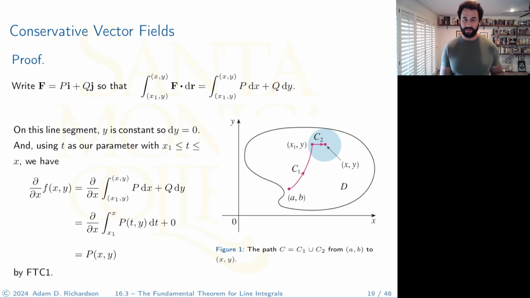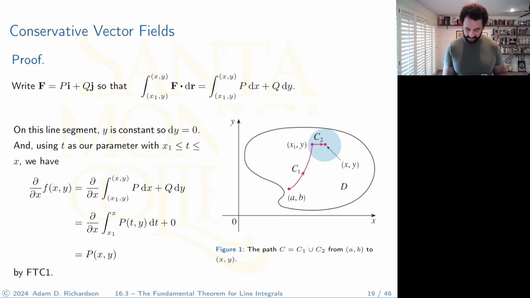This thing equals 0. What we're going to do is parameterize this line segment with a parameter t, where t goes from x1 to x. And then we can rewrite this as an integral of a single variable function. So try to follow along with this for a minute. This is going to be 0 because dy is 0.